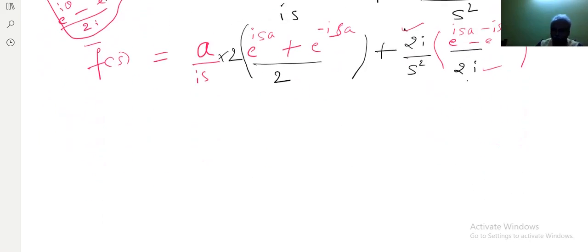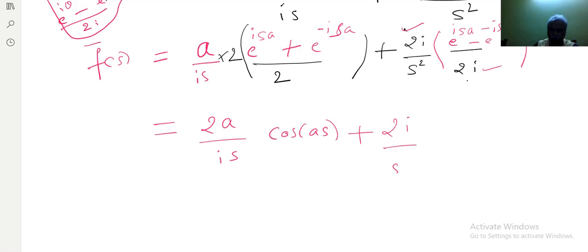Quickly, if I write in terms of sine and cos, the structure looks like this. 2 times a upon s cos function, let me write sa instead, plus 2 times i by s square sine function sa. So these brackets are cos and this bracket is sine.